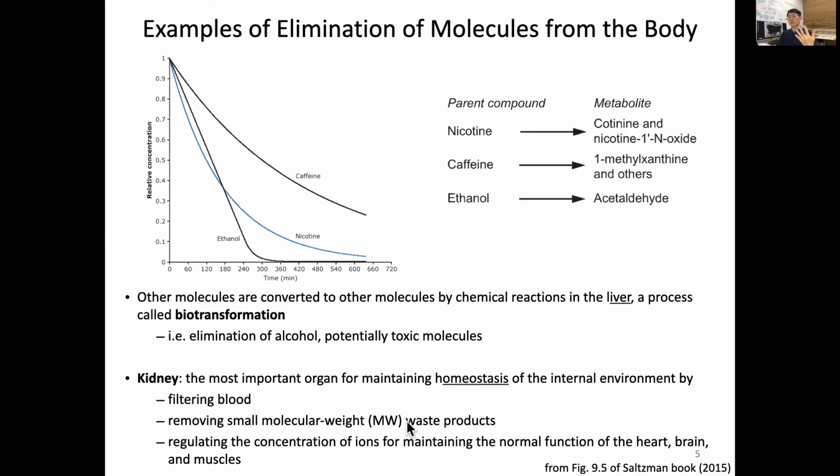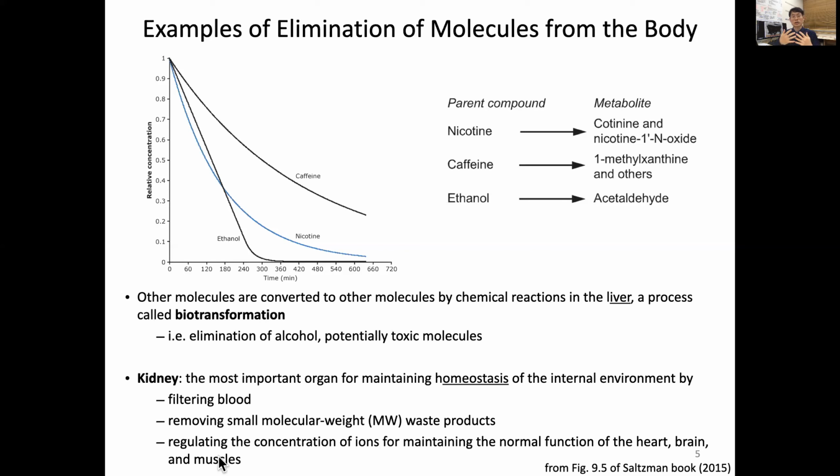It removes these small molecular weight products from our body, and most importantly, it regulates the concentration of ions for maintaining the normal function of our heart, brain, and muscles, for example, sodium.